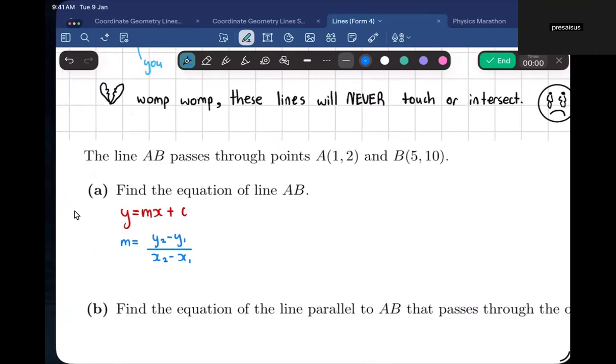Well, they give us 2 points. So what should I write on top? X1. So x1 is 1, right? Okay. What to write next? Y1. Yes. Then x2 and y2. Cool.